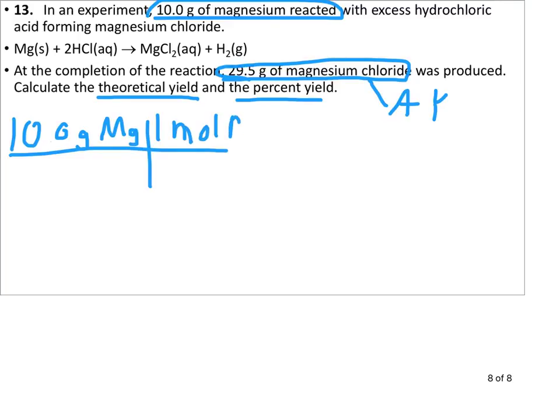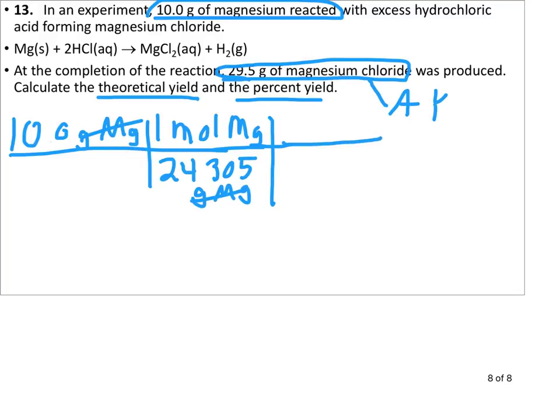So 1 mole of magnesium is 24.305 grams of magnesium. Grams of magnesium divide out. And then using our mole ratio from our chemical equation, looks like our chemical equation is balanced.